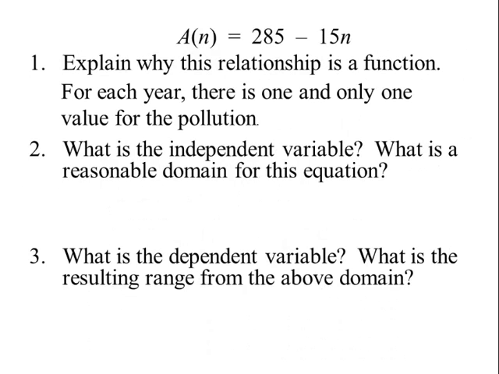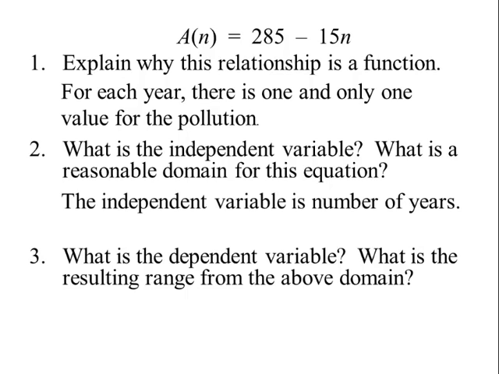Number 1, for each year there is one and only one value for the amount of pollution. So this is why this is a function. For each year there is one and only one value for how much pollution is in the river. Number 2, the independent variable is the number of years.